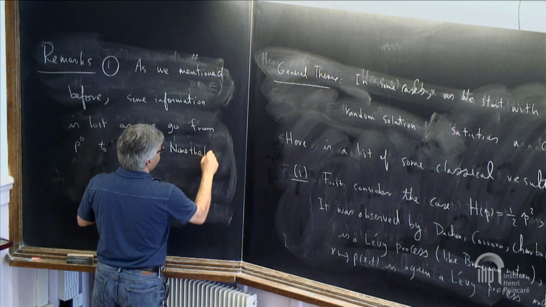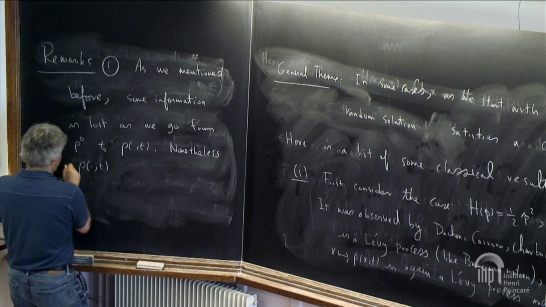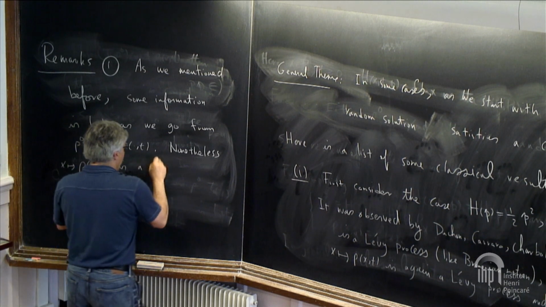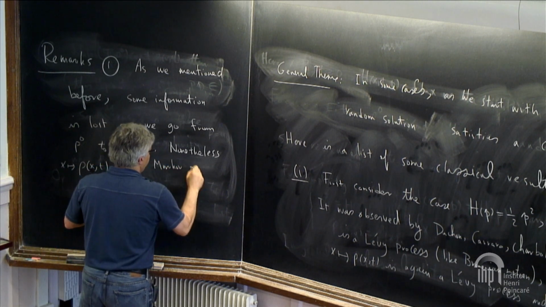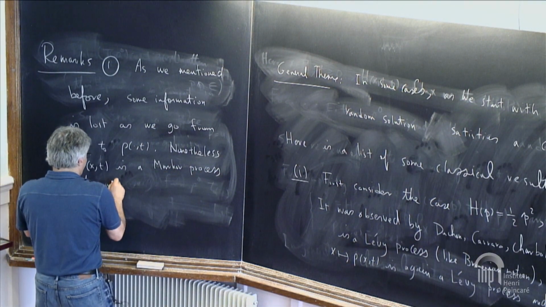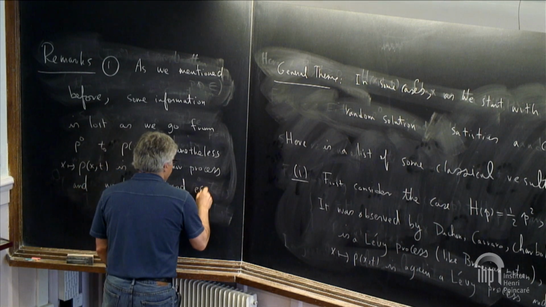Nonetheless, x going to rho of x, t is a Markov process, and we have a closed equation for its law.